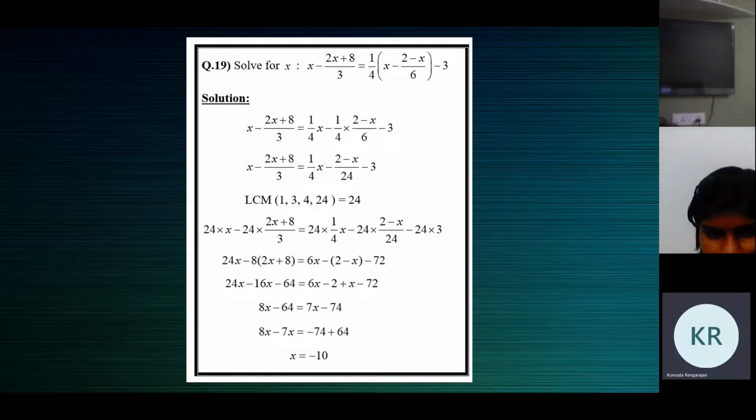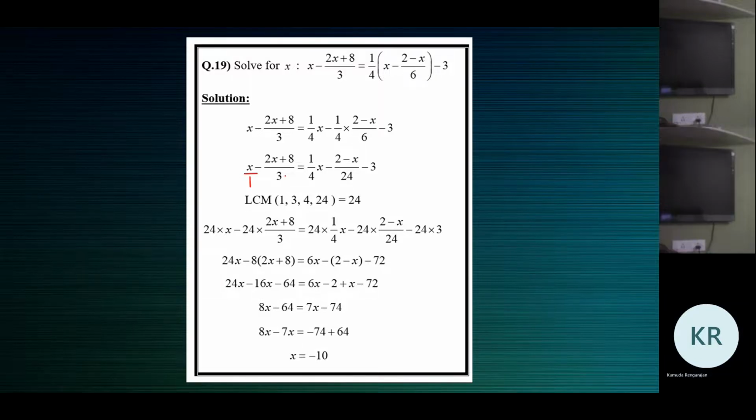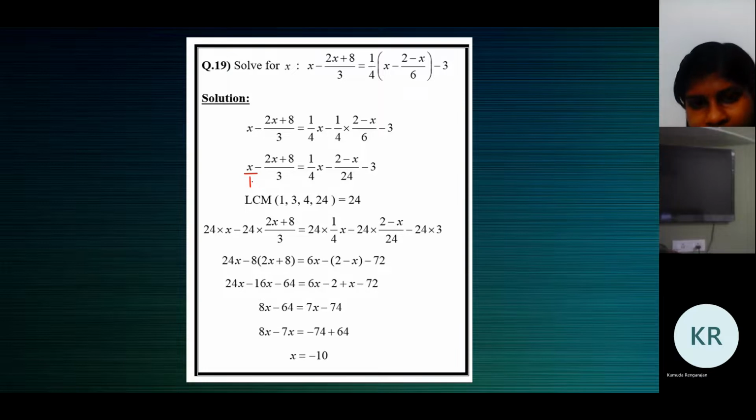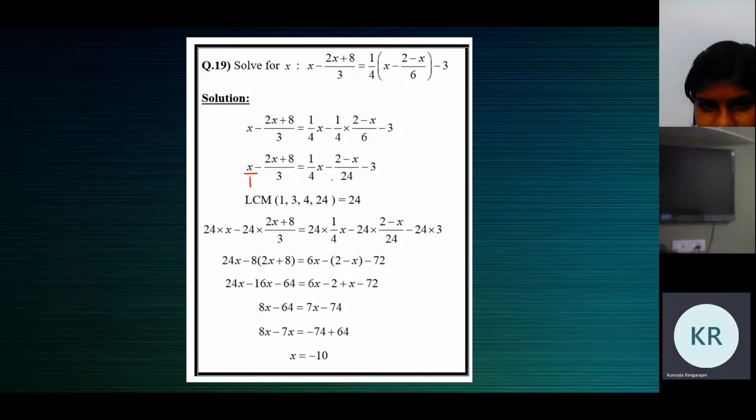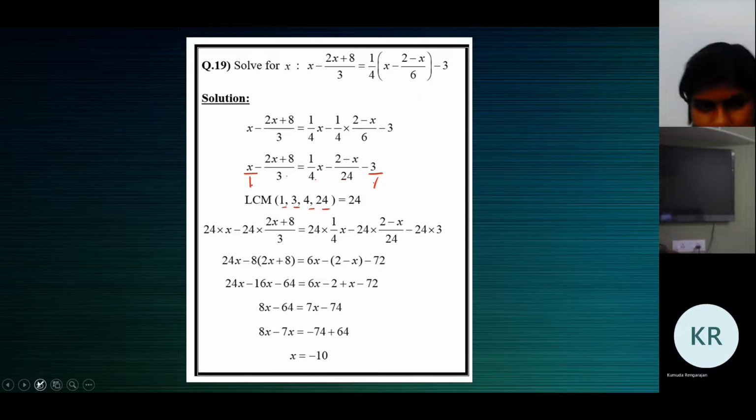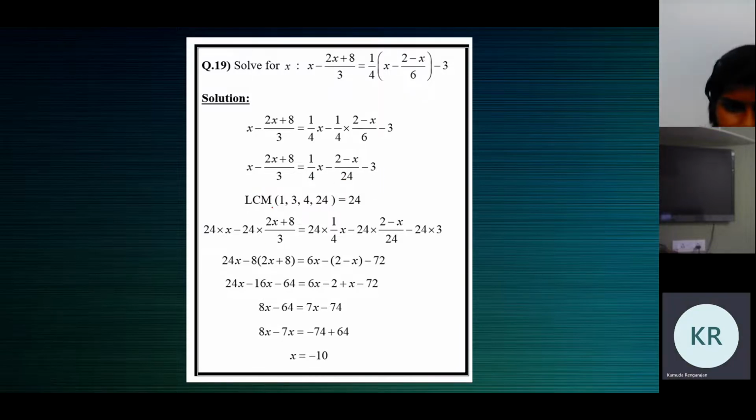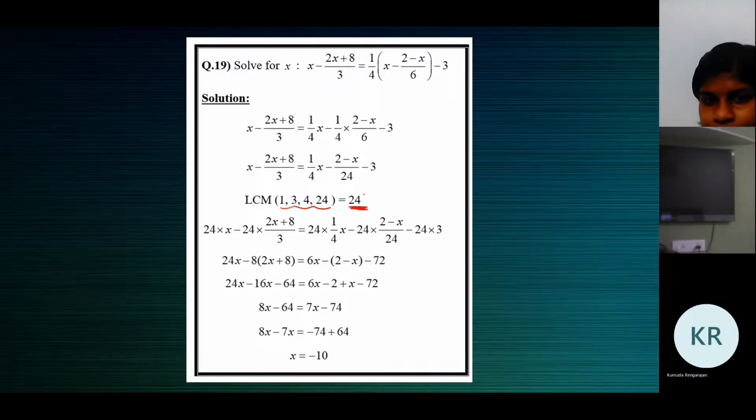What are the denominators? 1, 3, 4, 24 and 1, ma'am. Correct. That means 1, 3, 4, and 24. What is the LCM of the denominators? 24, ma'am.